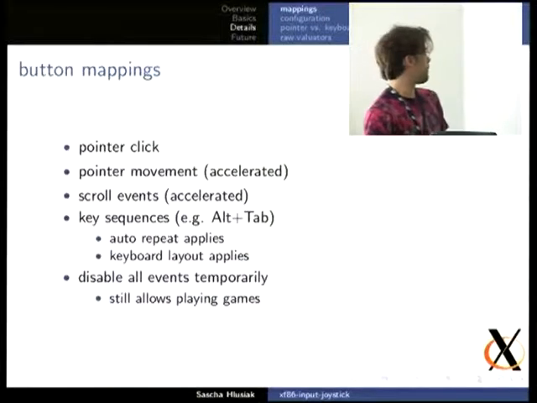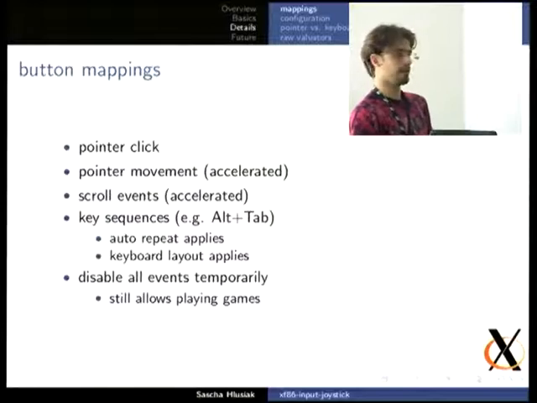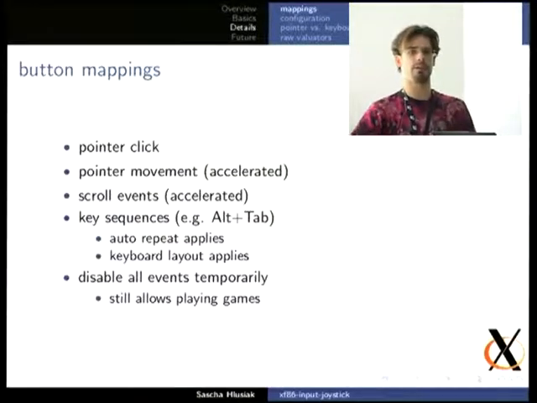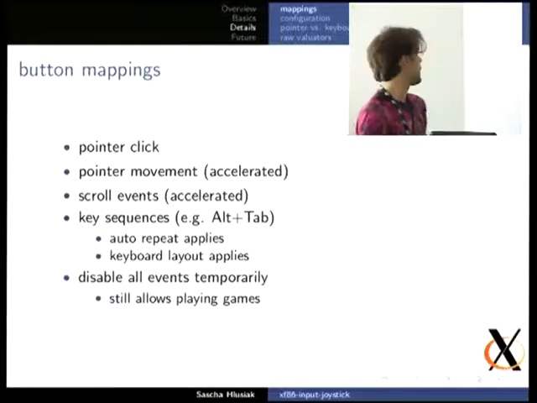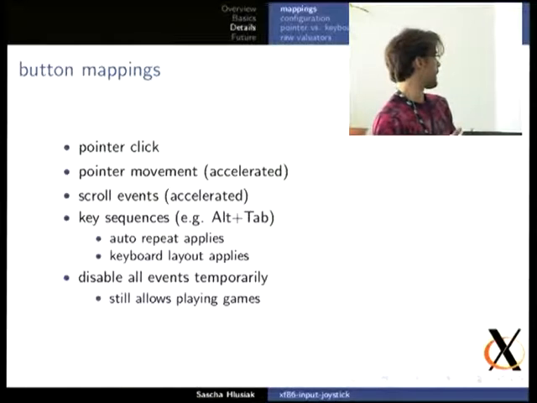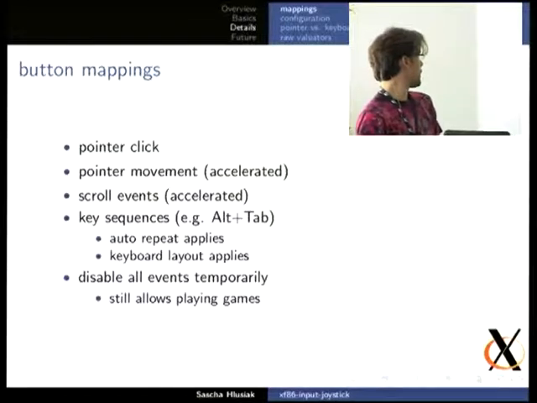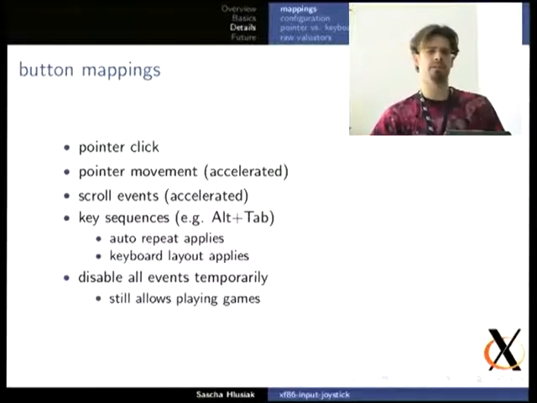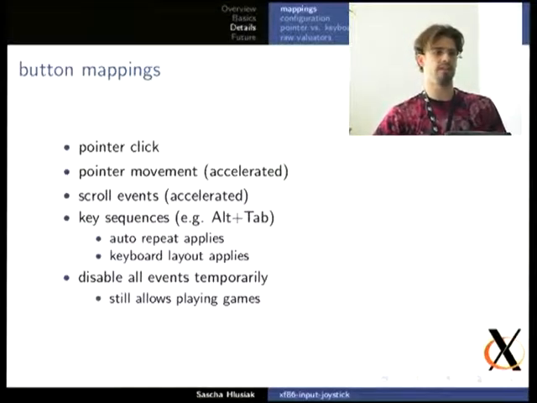You can map buttons of the joystick to a lot of different things, like to pointer clicks, to pointer movement actually. So you can say one button moves the pointer to the left. As I said, you can create key sequences like Alt-Tab, which was pretty difficult in the beginning, because if you have a keyboard and a joystick to create keyboard events, there has not really been a distinction between these two.